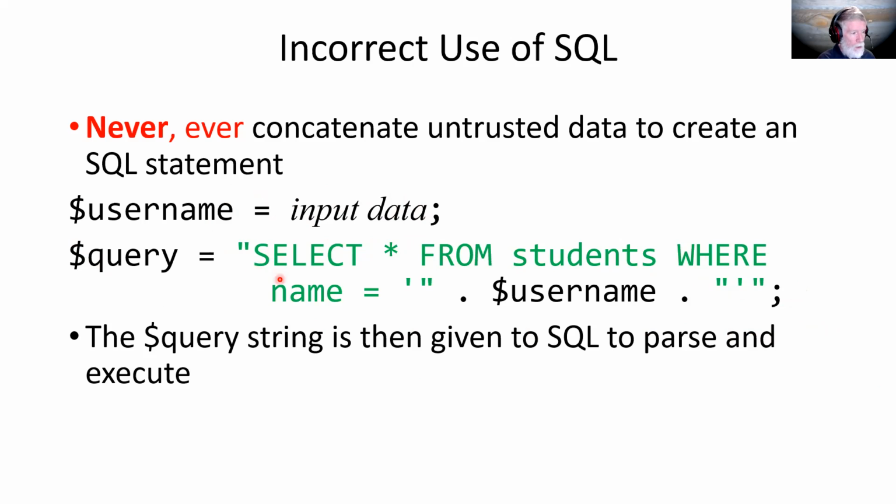We know that if you concatenate these in the proper way, you can fool SQL into thinking the command is different, particularly with things like 1 equals 1, so it's always true, and you get data. So that should never be done. You can try to whitelist your input data, sanitize that. The very best way is simply to not use concatenation.